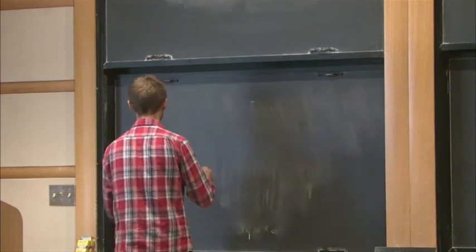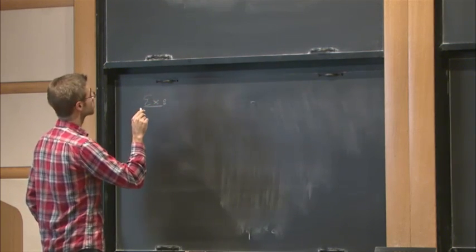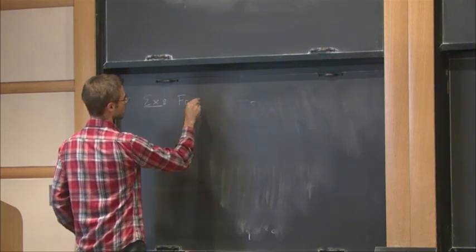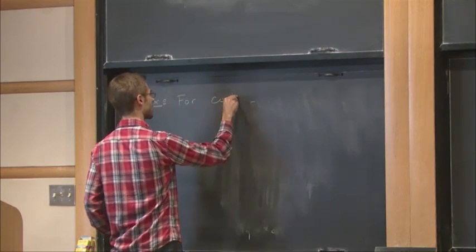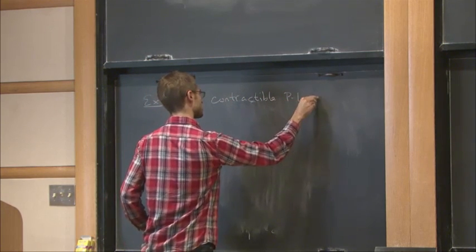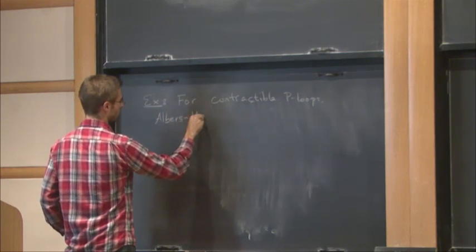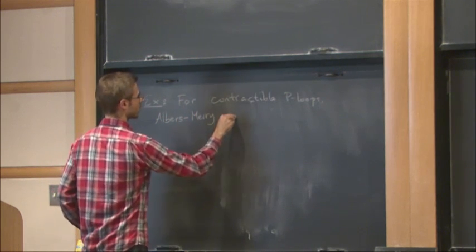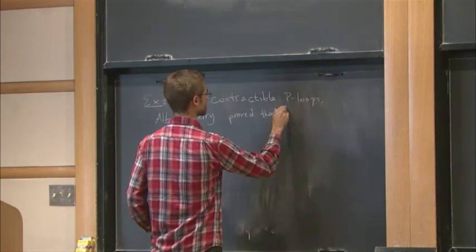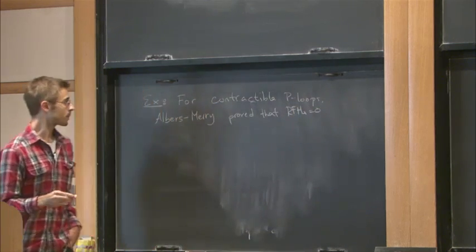So an example of this, not an exact analog, but for contractible p loops, and I'm stating this for all p loops: my advisor, along with Will Merry, proved that the Rabinowitz Floer homology vanishes identically.